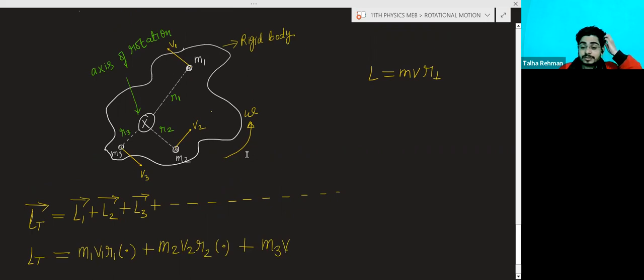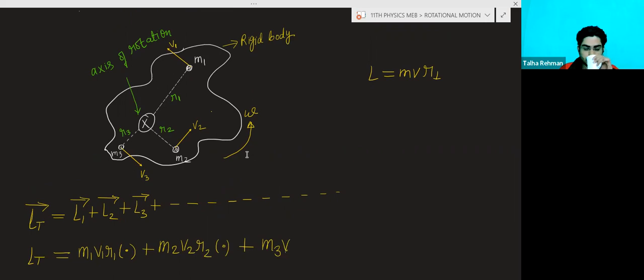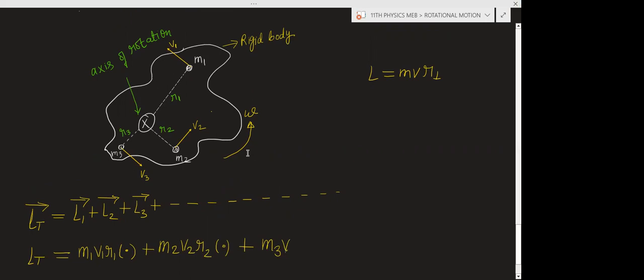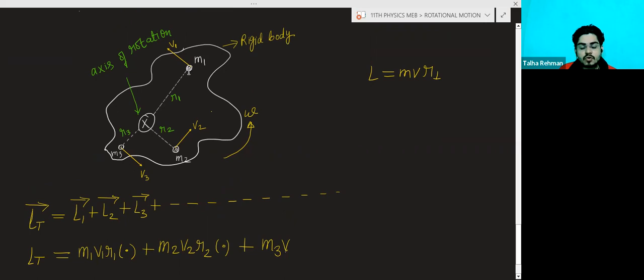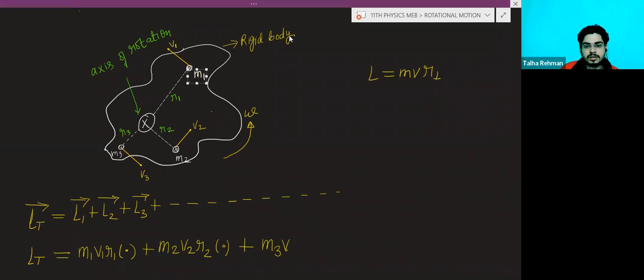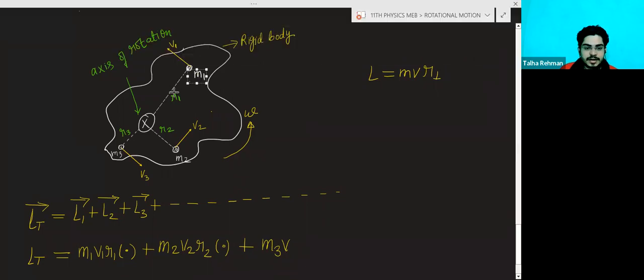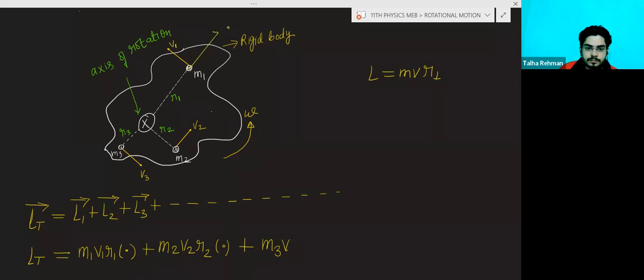You extend this r like this, and this is the direction of r. Then you move from r to v, and this direction is anti-clockwise.